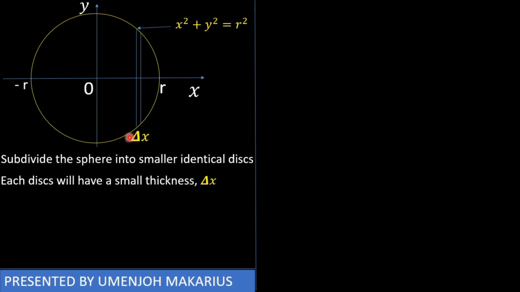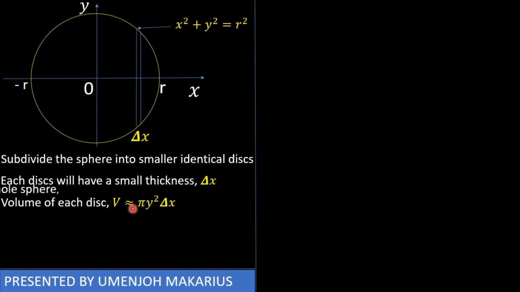Then the volume of each of these disks is going to be V, approximately equal to pi y squared times the thickness. Keep in mind that the radius of each disk in this case is simply going to be y.